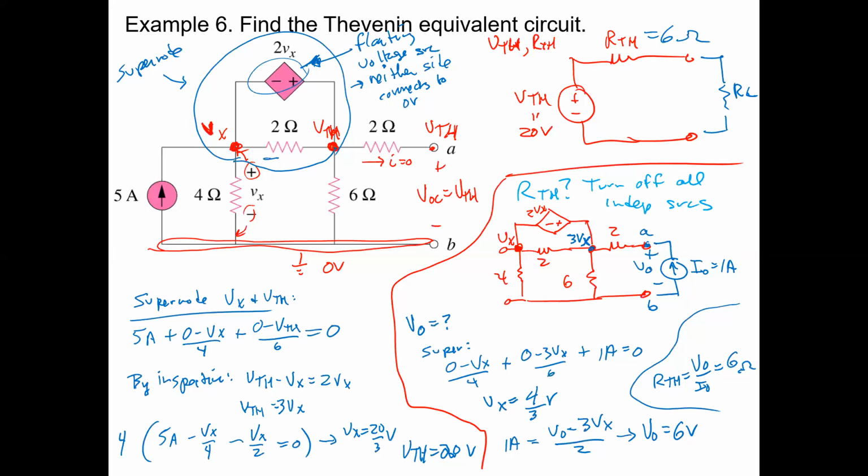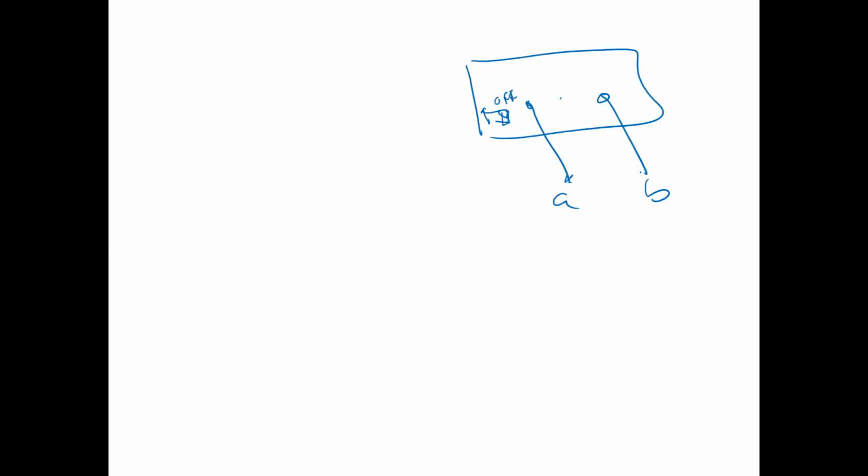Were you assuming that Io is 1, or did you find that somewhere? No, you just arbitrarily selected. Imagine you're coming up on a bench and there's this gobbledygook circuit here, or even better, you've got some weird box which has 2 terminals coming out of it called A and B, and a power switch, and you turn the switch to off, and if you happen to have a handy dandy current source in your back pocket, you're just hooking up a current source to it, sending in 1 amp into the A terminal, and then measuring the voltage across this thing.